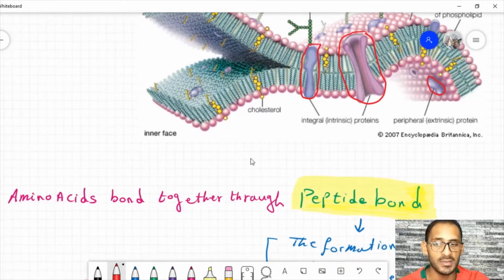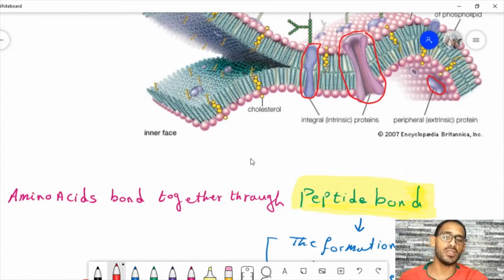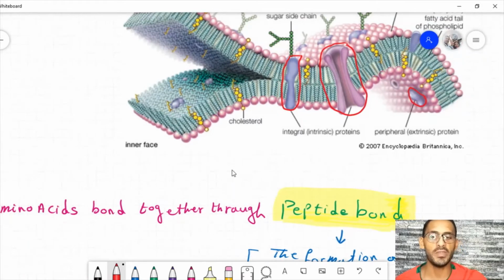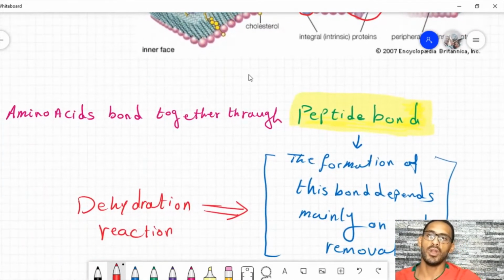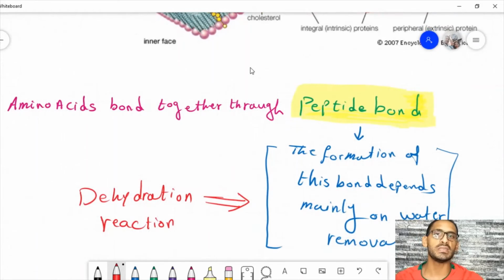So, how do these amino acids bond together? Now, these amino acids bond together through something that we call a peptide bond. Now, the formation of a peptide bond depends mainly on removing a water molecule. Removing a water molecule is the same idea as how the monosaccharides in carbohydrates are connected together.